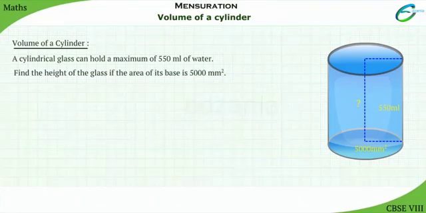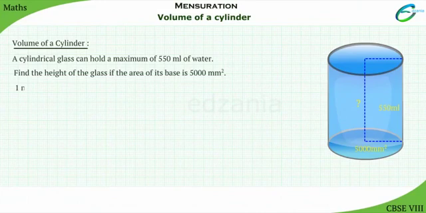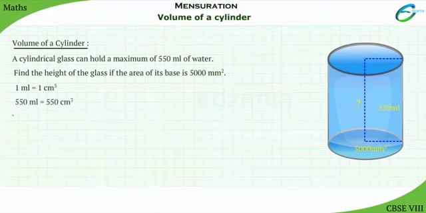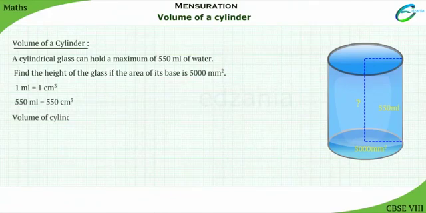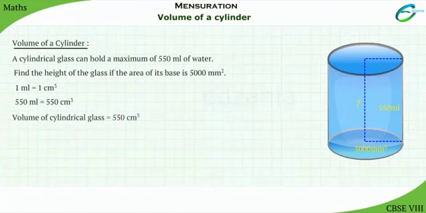So we first need to convert millilitres into cubic units. 1 millilitre equals 1 cubic centimeter. Therefore, 550 millilitres equals 550 cubic centimeters. Hence, the volume of the cylindrical glass is 550 cubic centimeters.